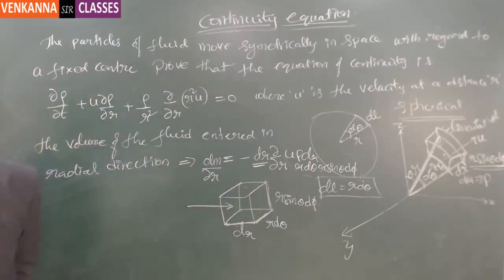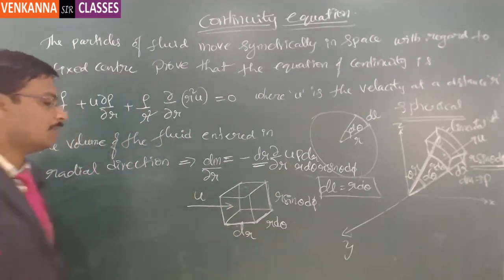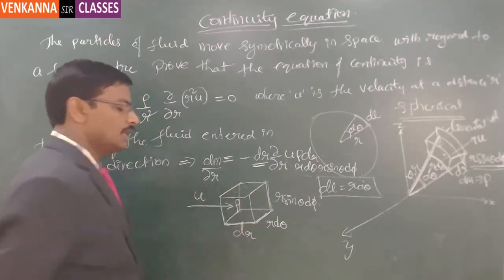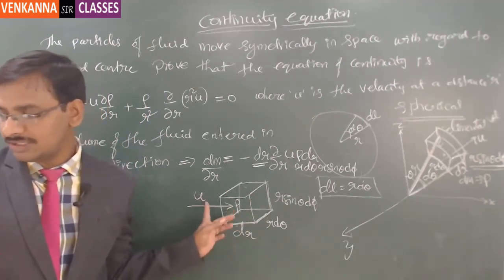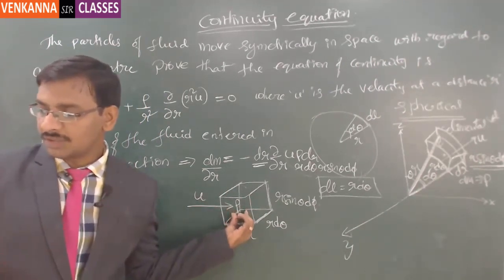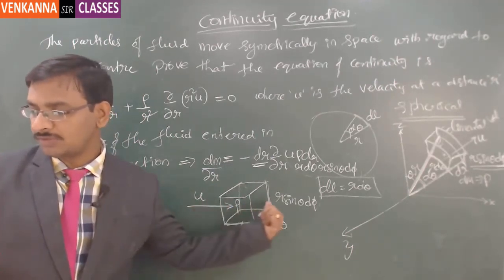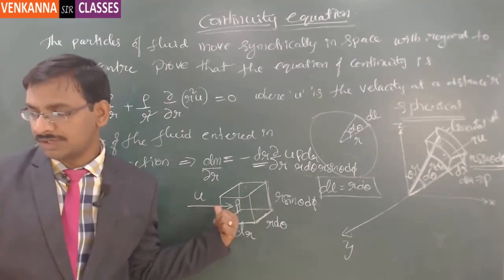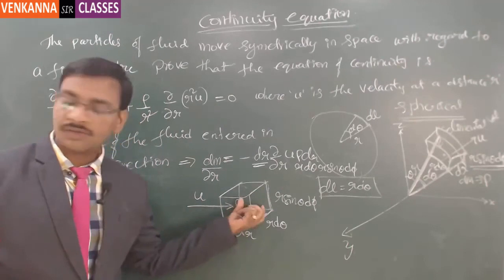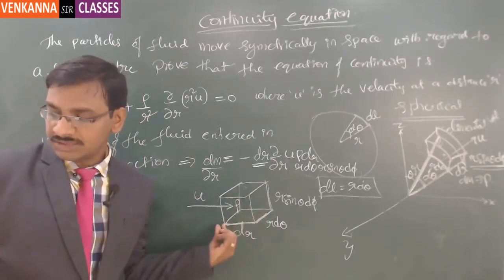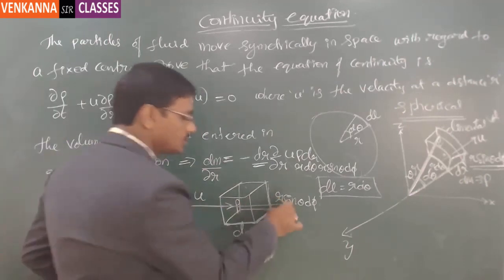If the fluid is entering with a velocity of u, and the density of the fluid is rho, and the velocity of travel is u, then whatever mass is accumulated here is going to change because there is a movement of the fluid, because of this velocity. So there is a movement of the flow. Then the rate of accumulation here is nothing but the change over the length of dr, because this is the direction of u, there is no other direction.